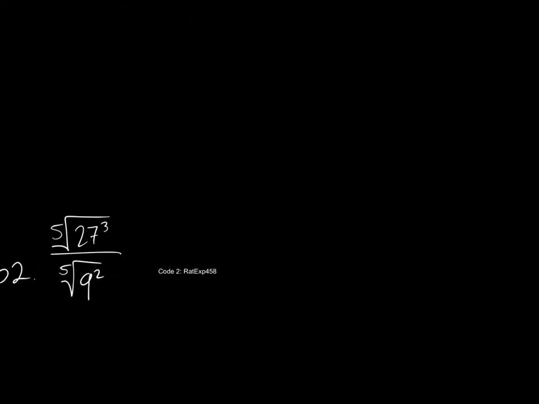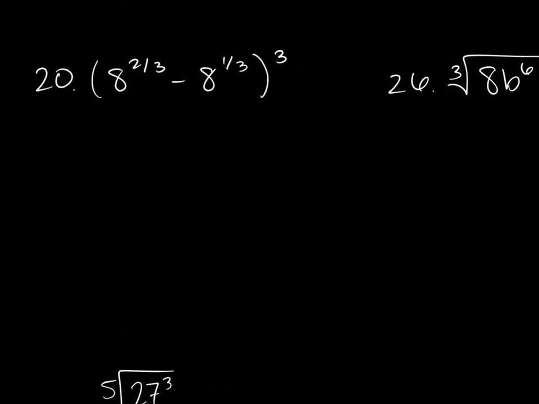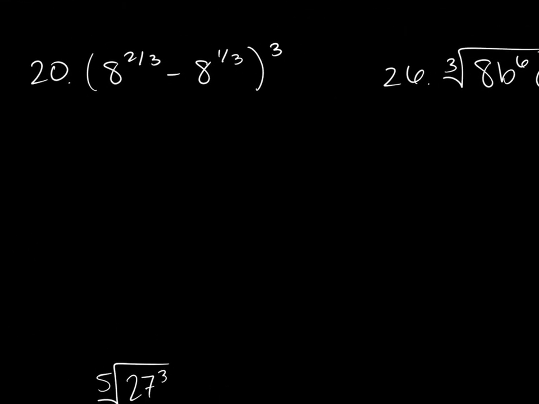Okay. Let's keep looking at some other ones. In 20, we have the expression 8 to the 2/3 minus 8 to the 1/3 quantity cubed. And so what we need to do is evaluate this expression. So first thing I'm going to do is rewrite my rational exponents. So I've got the cube root of 8 quantity squared minus the cube root of 8, all of that cubed.